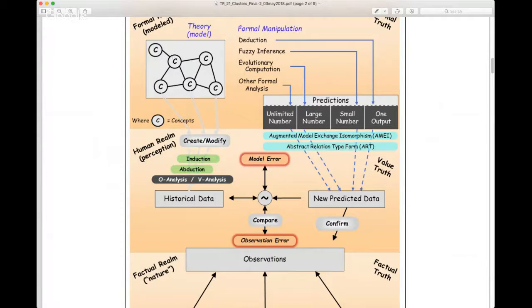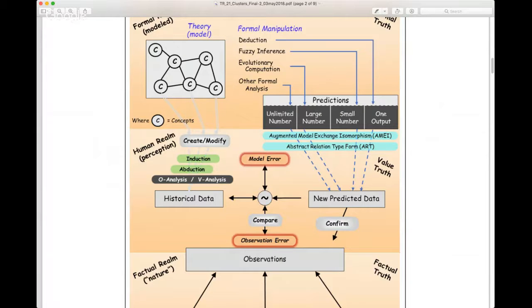The evolutionary computation is another formal manipulation process, which will give you a large number of answers or predictions. And then what you really need to do there is to select, using some criteria, a small set that the human evaluators can evaluate and select from further.